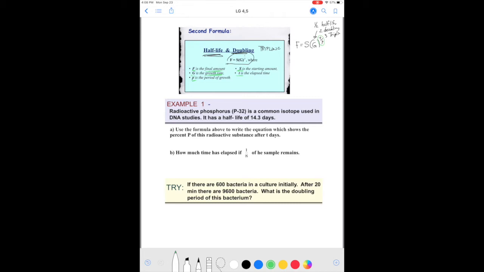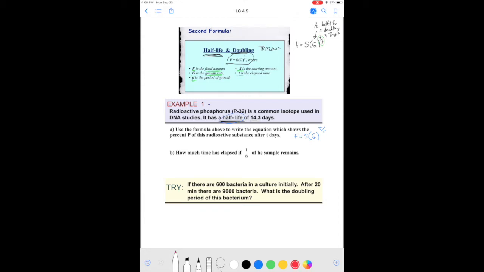So let's look at the first problem here. So we have a word problem here. We have phosphorus used in DNA, and it has half-life of 14.3 days. So right there, that keyword half-life tells us we use this formula. F equals S G to T over P. So we know that for a fact because of that word half-life.